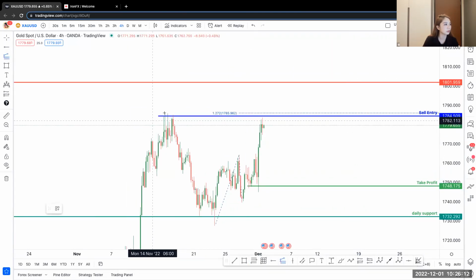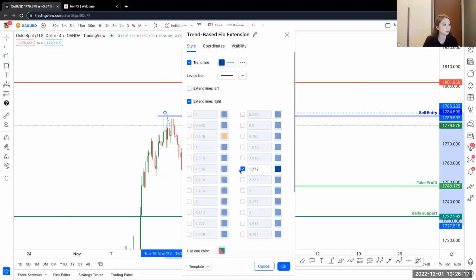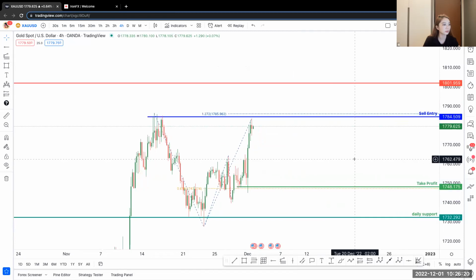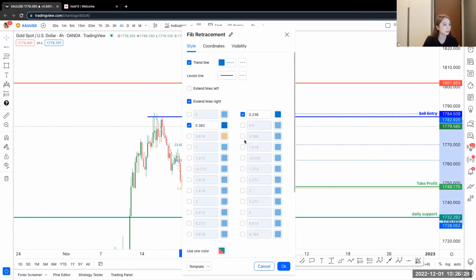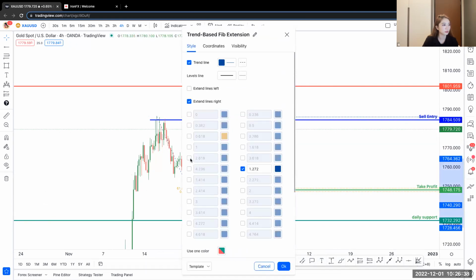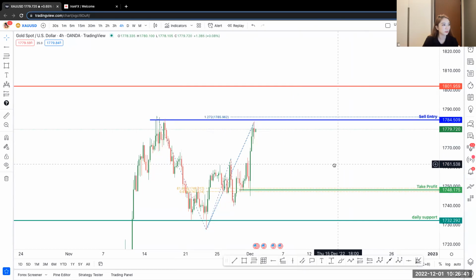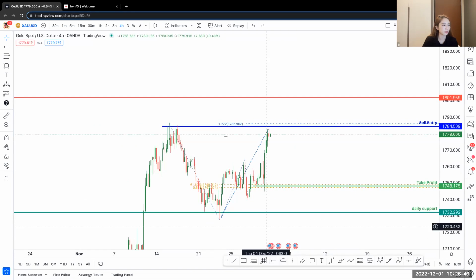There we go. 61.8 for the take profit. For retracement, we should be looking at 78.6 or 61.8 as well for the take profit. 161.8 might be a bit too far for the stop loss, in my opinion. I would like to put it way closer.